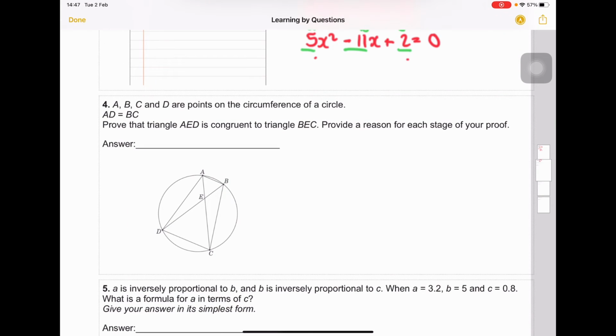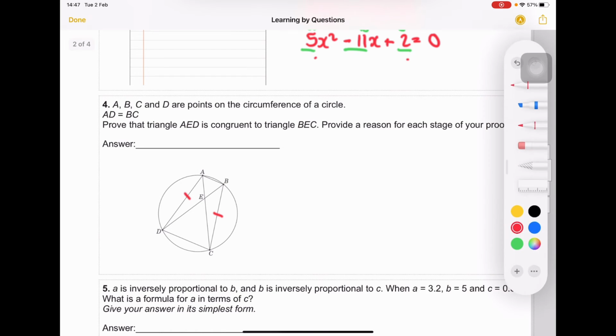Question 4. A, B, C, and D are points on the circumference of a circle. AD is the same as BC. Prove that triangle AED is congruent to triangle BEC. Provide the reason for each stage of your proof. So, this angle here and this angle here are the same.